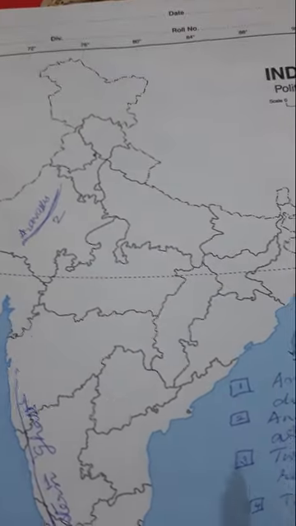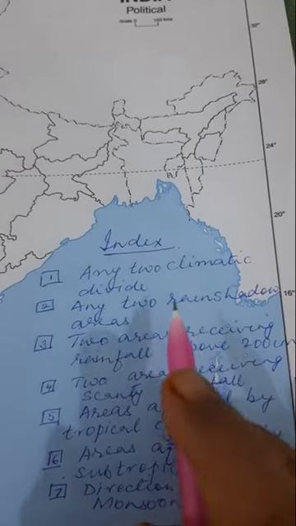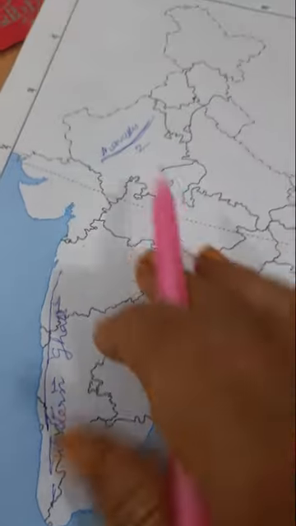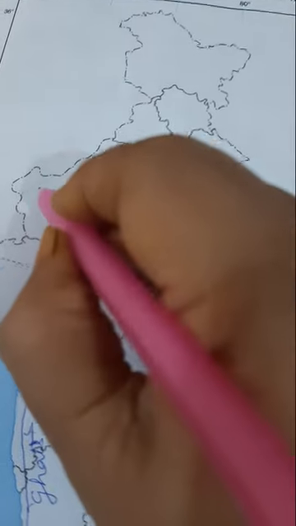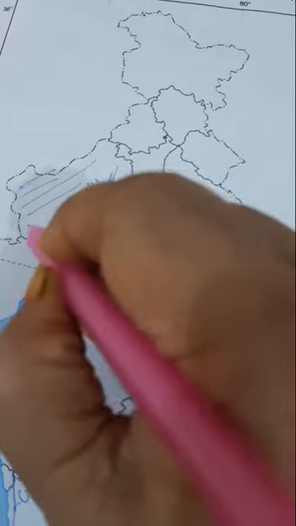Aravallis. Now next, any 2 rain shadow areas. As I've already explained children, rain shadow areas are the back side, so you can easily draw any kind of shades or you can use colors.